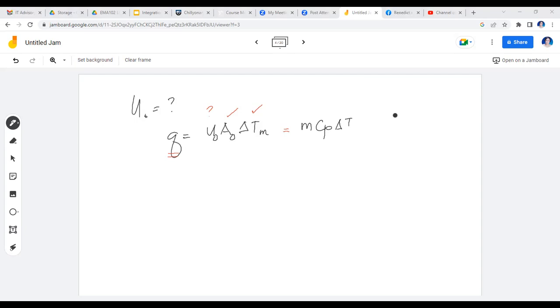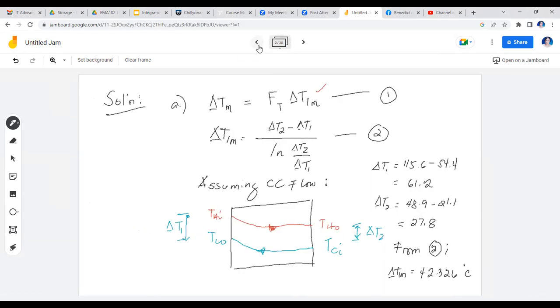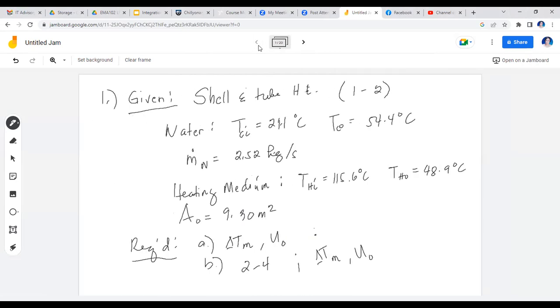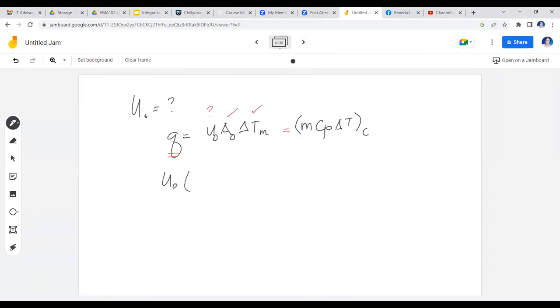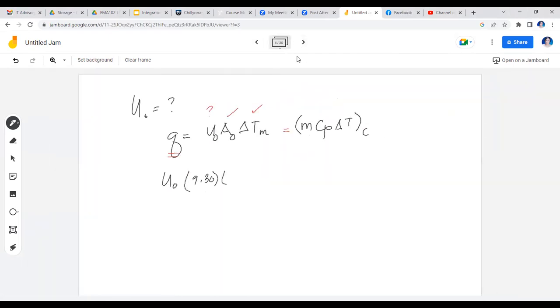In this case, if you use that of the cold fluid, then you write here C. So I will have U sub O multiplied by the area given in the problem, which is 9.3, and the delta T mean that we got, which is 29. So you will have the mass flow rate of the cold water.